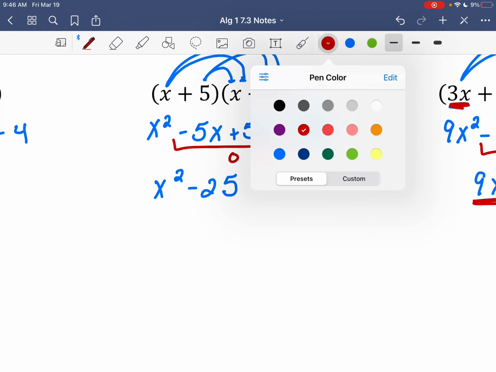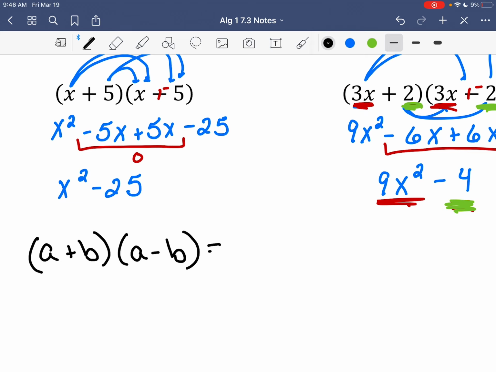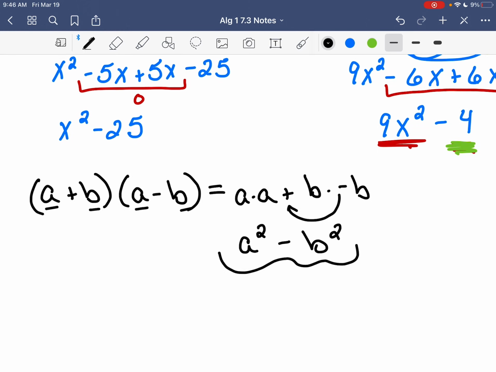So the shortcut rule for this is if I take a plus b times a minus b, that's just going to multiply out into a times a, plus the b times the negative b. But this negative, I can put in the middle, and we end up with a squared, a times a, minus b squared.